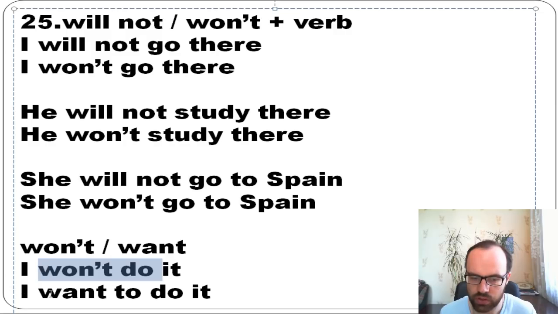If you want to use want, you must use to after want. So you use to between these two verbs. I want to do it. You use to after want if it's your desire, if it's your wish. If it's a negative sentence, you use won't plus verb without to. So that's the difference.